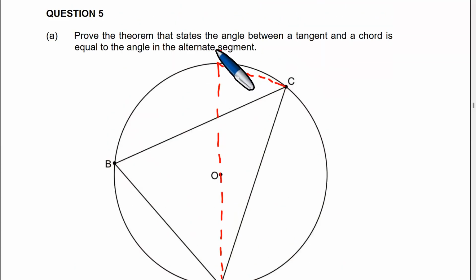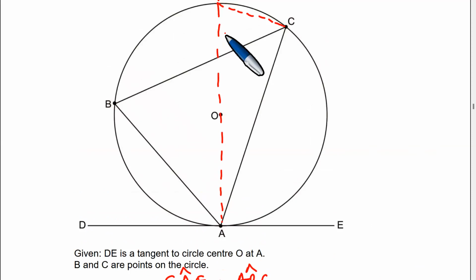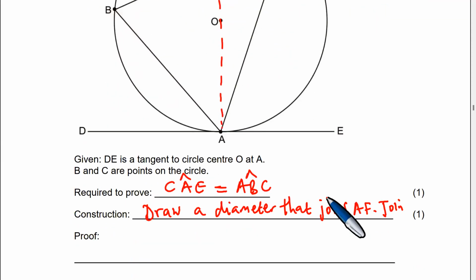We can give this one F, and this one is C. So you draw a diameter that joins AF. Full stop. Moreover, you then join FC. You join FC like that. Okay, you join FC.